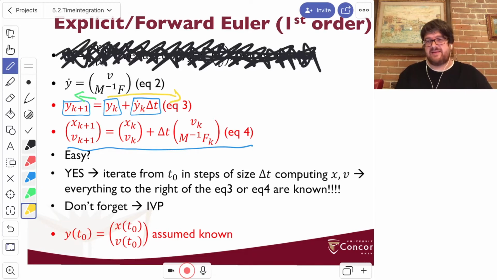So basically it's a substitution. There's nothing that you need to do. You just set the new yk plus 1 with something. So it's very, very simple. And of course, at t0, it's an initial value problem. At t0, we assume we know the position and velocity of our object.